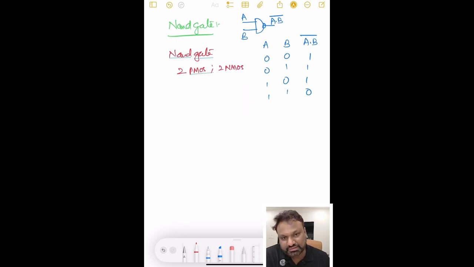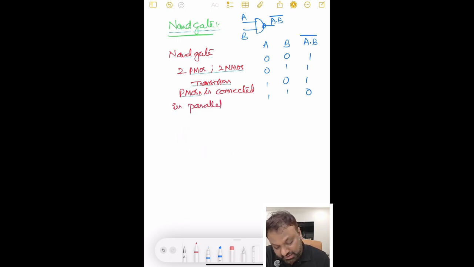A total of 4 transistors are used to construct a NAND gate, in which PMOS transistors are connected in parallel and NMOS transistors are connected in series.